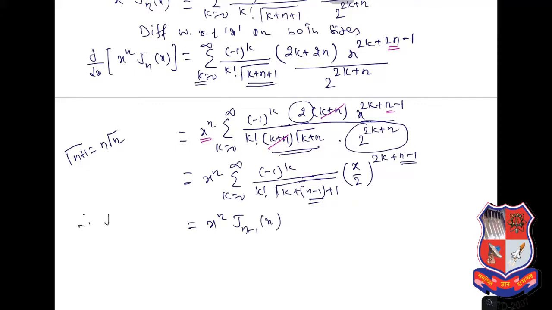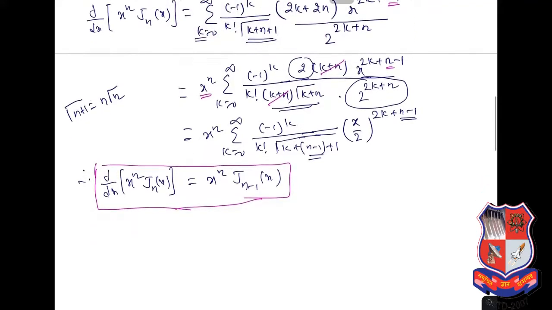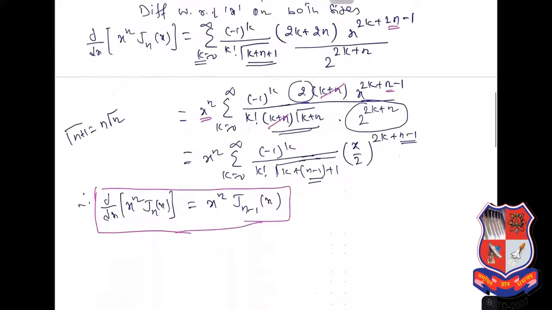So what do we prove? We proved that d by dx of x power n Jn x is equal to x power n Jn minus 1 x. So that is one property.